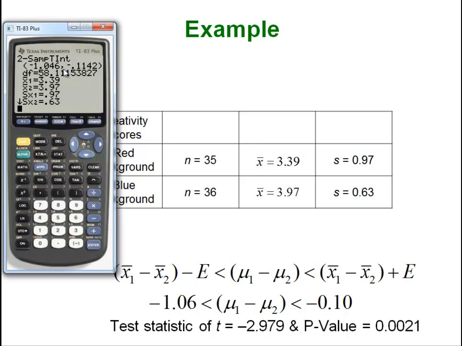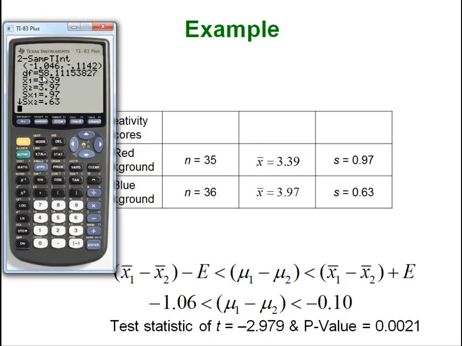Look at how they're slightly different. In fact, I wouldn't even call it slightly. It's off by a bit. Negative 1.046 instead of negative 1.06, and negative 0.1142 instead of negative 0.10. The reason our results are different from what they got is two main reasons.